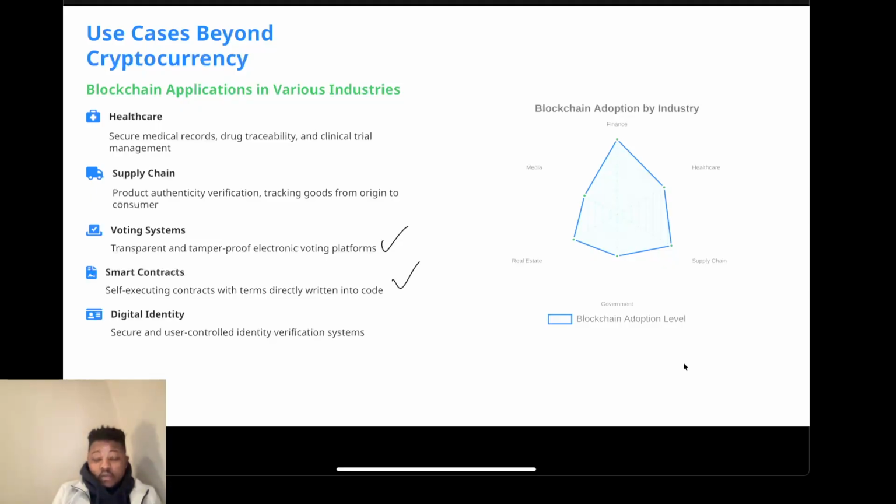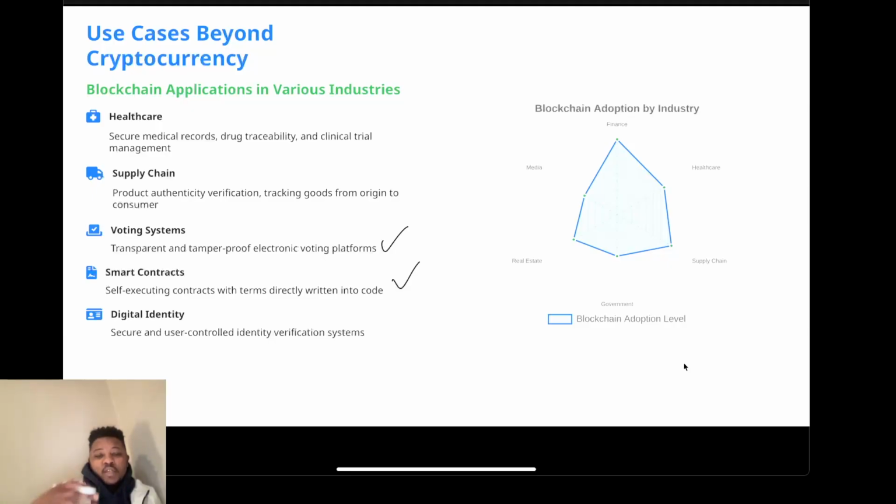Then we can use smart contracts, self-executing contracts directly without third parties. We can take legal contracts and convert them into code that is static and cannot be changed.